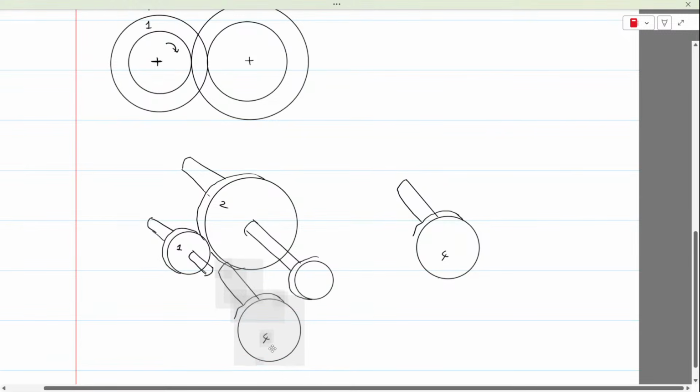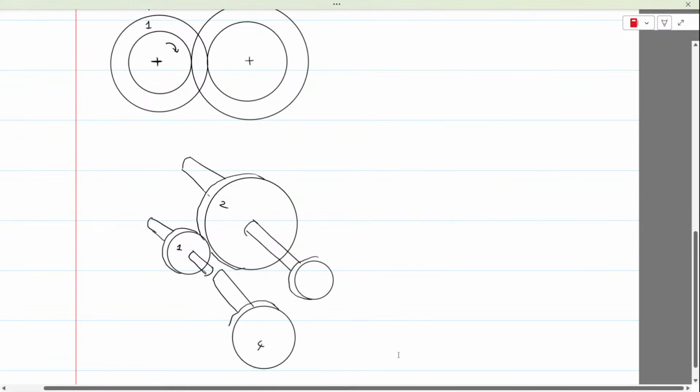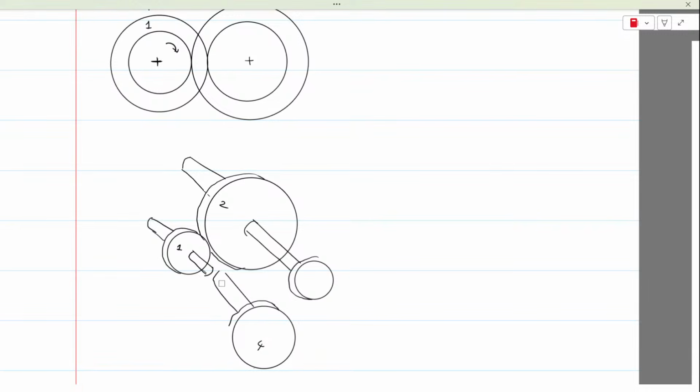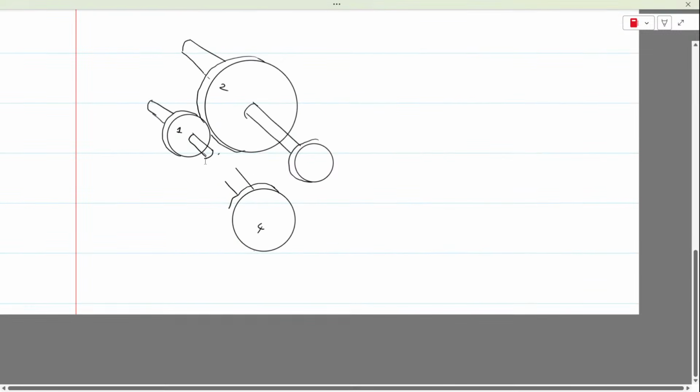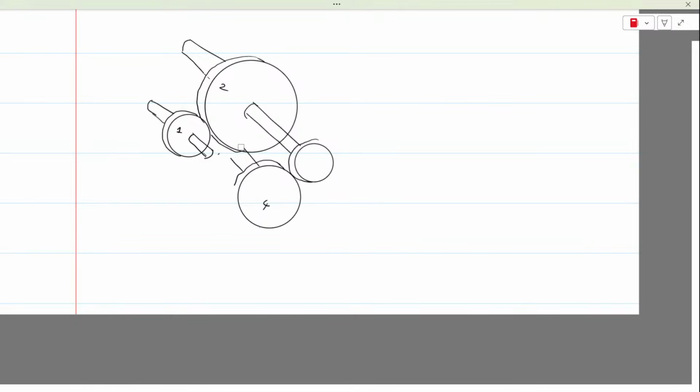But remember one thing. Gear 4 and gear 1 shaft is not single. They are split. There is a discontinuity in the shaft. On this side, you could find gear 4 is in mesh. This is gear 4, and let me redraw it once again.